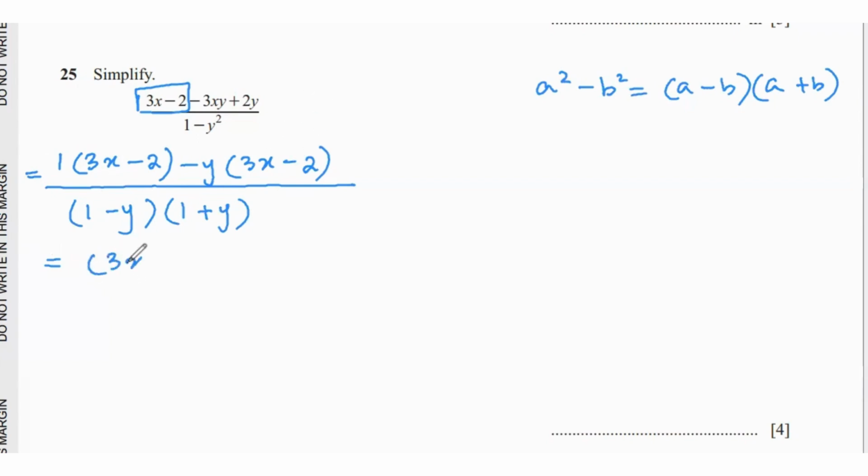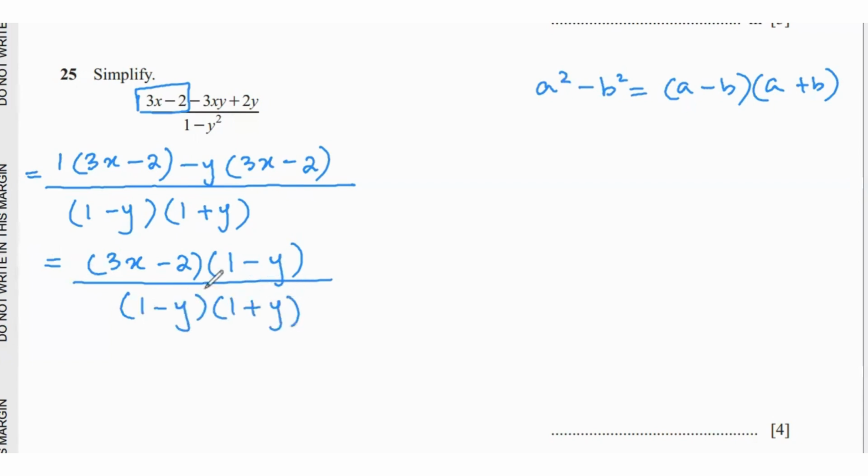So when we take that common, we're left with 1 minus y inside the second bracket. And now if you notice, we have 1 minus y in the numerator and denominator. So those get cancelled out because they're basically being multiplied to the other brackets. And we're left with 3x minus 2 over 1 plus y.